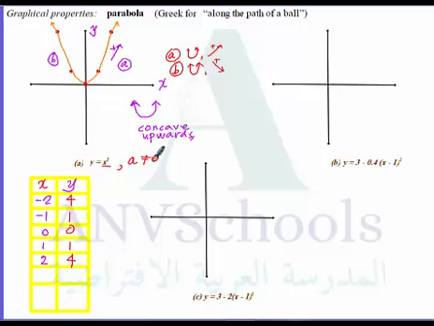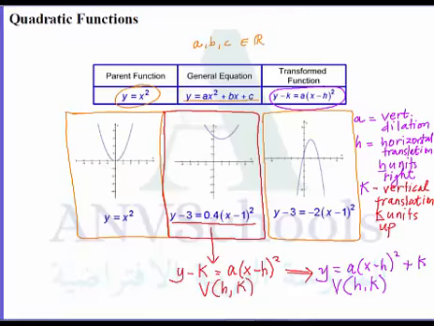Am I correct? So let us investigate further the general form. What is our general form? Let us take a look at here. Our general form is ax squared plus bx plus c.